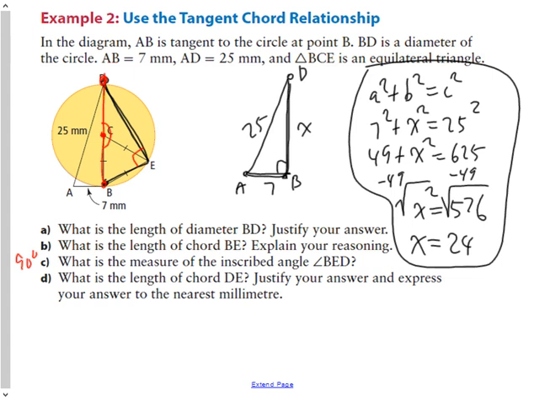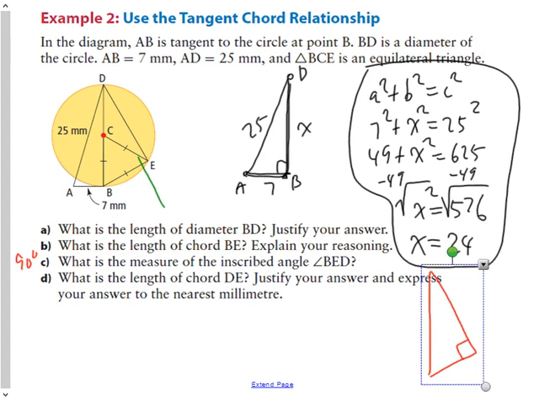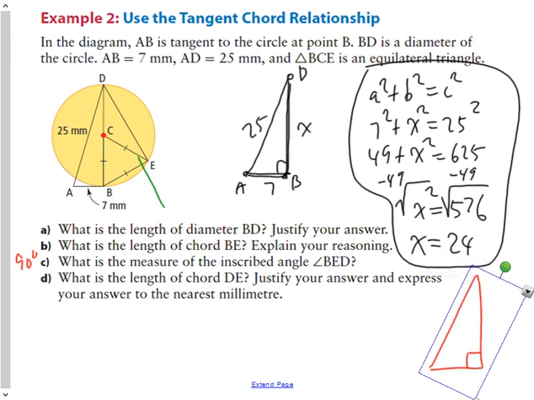All right. And finally, what is the length of the chord DE? Justify your answer. So what is the length of this chord DE? Okay. Well, if we think about this, I'm going to redraw. Since I know this is 90 degrees, I'm going to take this triangle and redraw it. I'm going to rotate it so you see it a little bit better, and place it right here.